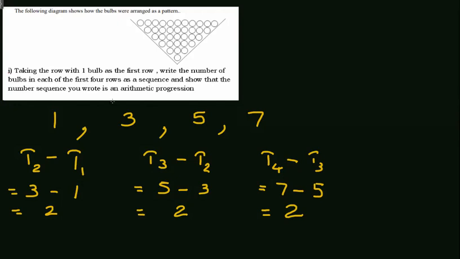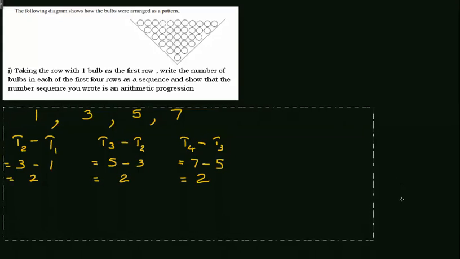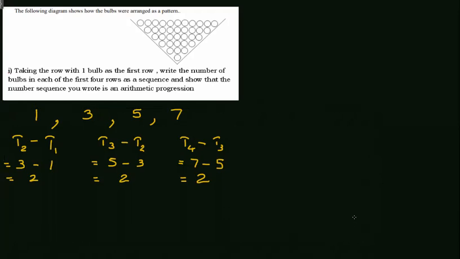So here, when we did the calculation, we found that the difference between the subsequent terms is a constant. T2 minus T1, we got 2. T3 minus T2, we got 2. And T4 minus T3, we got 2. So this fits the definition of an arithmetic progression.